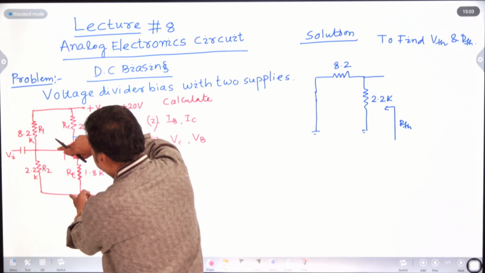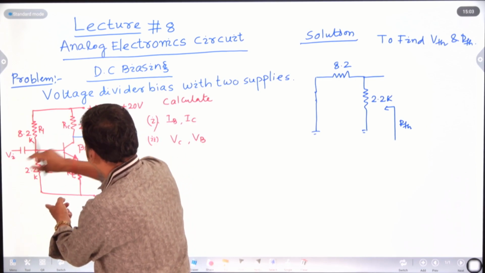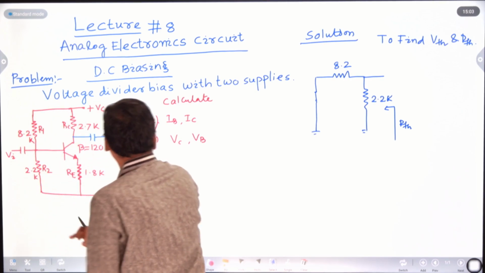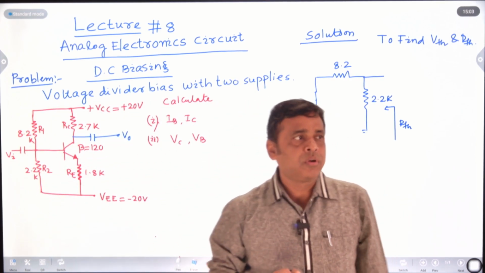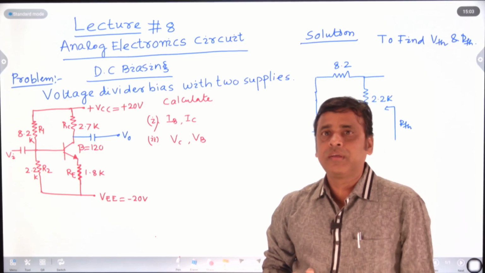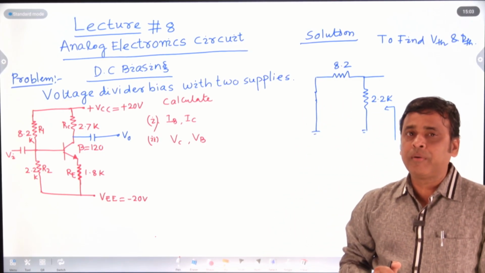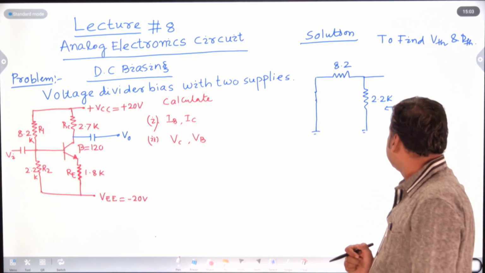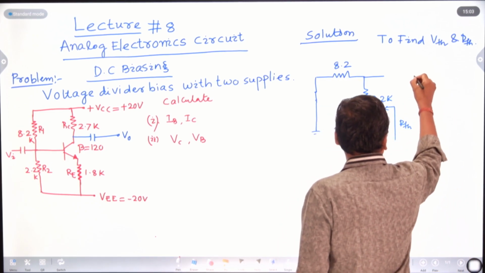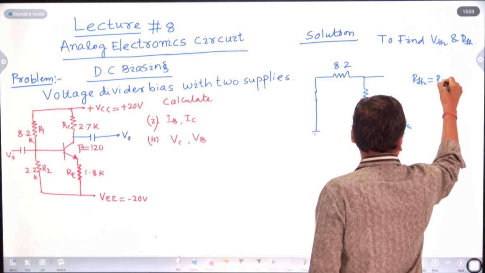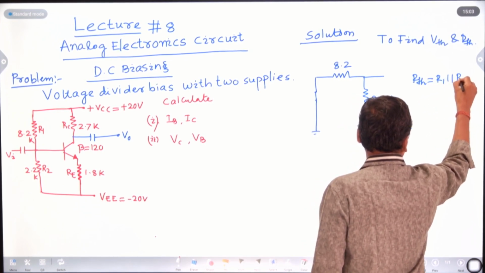To find RTH, the capacitor is open circuited, and R1 is in parallel with R2. Already I told you how to calculate the equivalent resistance in Thevenin's equivalent circuit in DC biasing of BJT: RTH equals R1 parallel to R2.